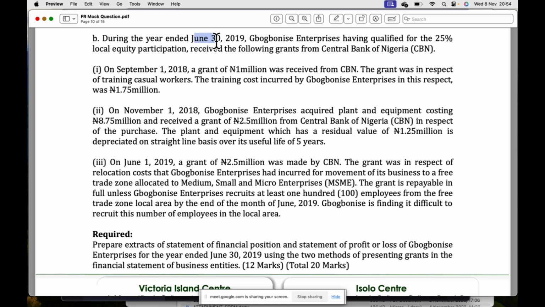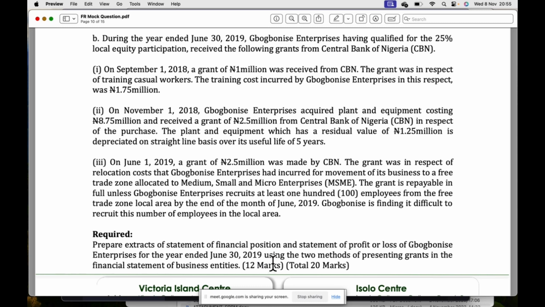When you're solving any question and you're required to prepare any statement, always put in focus the year end, right? And again, the requirement of the question is where you should start. This one is saying that you should prepare a statement of financial position and a statement of profit or loss of Gbogbo Nise for the year ended June 30th using the two methods of presenting grants in financial statements, for 12 marks.